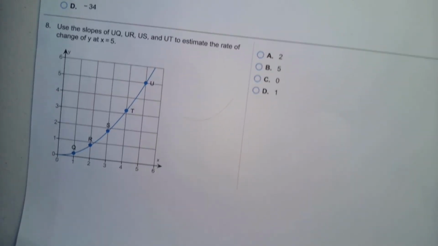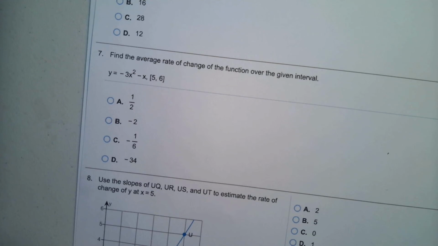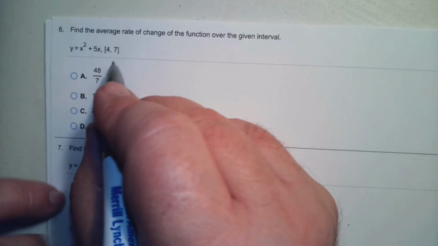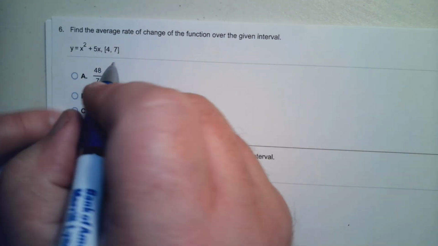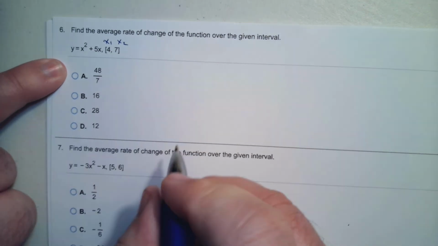Okay, number 6. Find the average rate of change. Give the interval, so this is x1, this is x2.